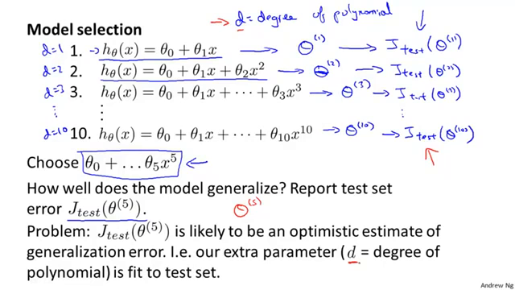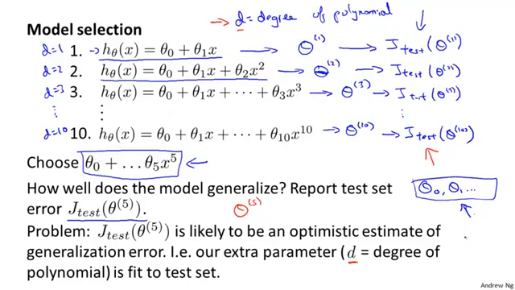So just to reiterate, on the previous slide we saw that if we fit some set of parameters, say theta 0, theta 1, and so on, to some training set, then the performance of the fitted model on the training set is not predictive of how well the hypothesis will generalize to new examples. It's because these parameters were fit to the training set, so they're likely to do well on the training set even if the parameters don't do well on other examples.